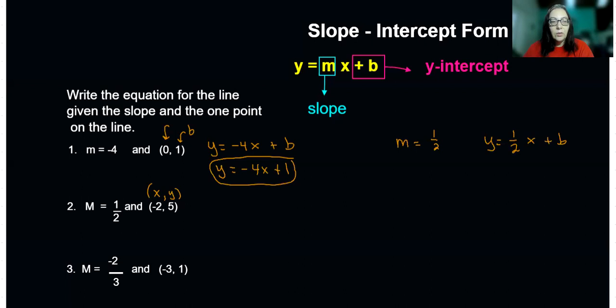So y is 5. x is -2. And again, I got a fraction there, so I'm going to make that a fraction. Are we okay there? So I'm using the point (-2, 5).